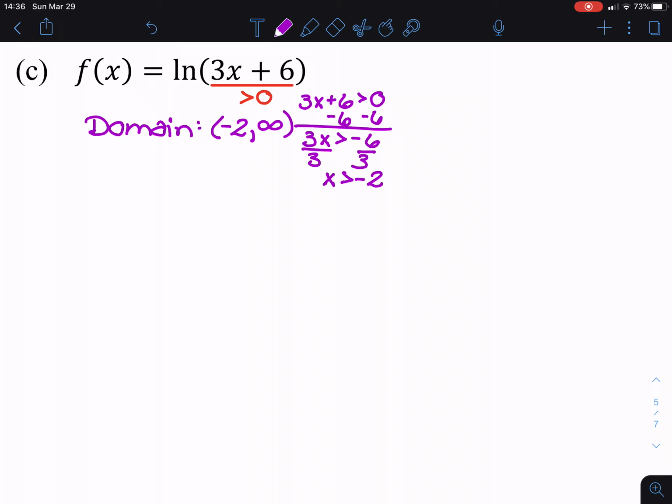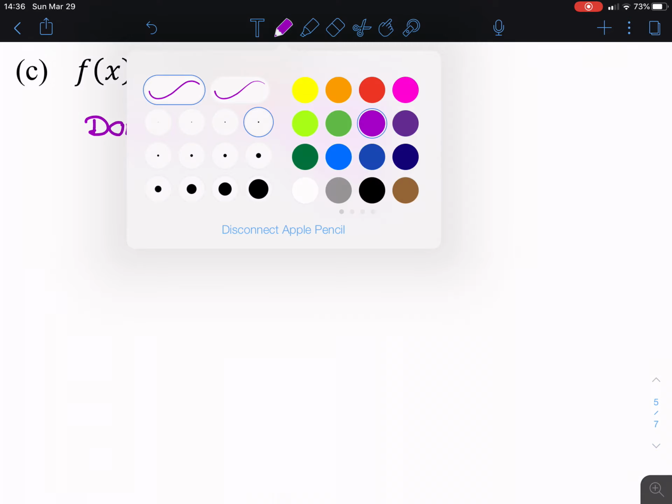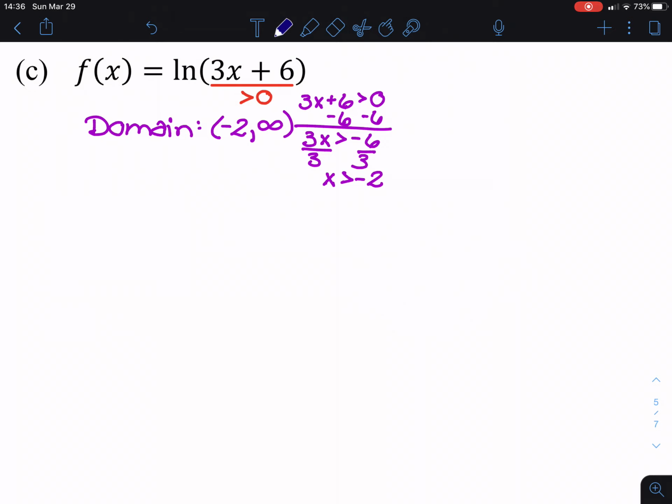Okay, so let's go ahead and start taking derivatives. All right, so taking the derivative of my function. First thing to notice here is that this problem right here is a chain rule problem. It's a function within a function, right?